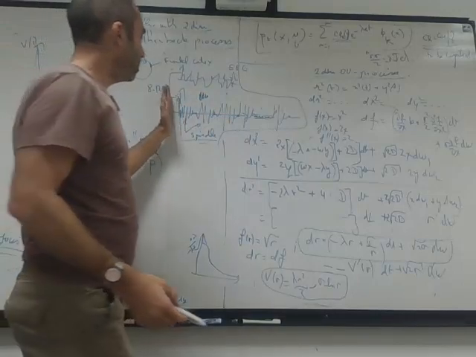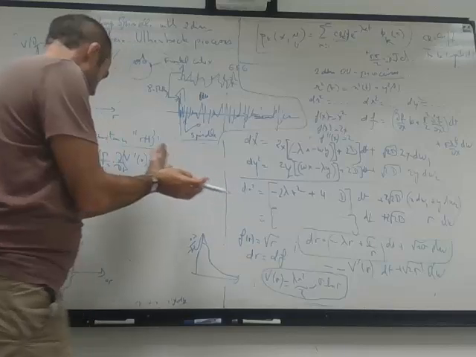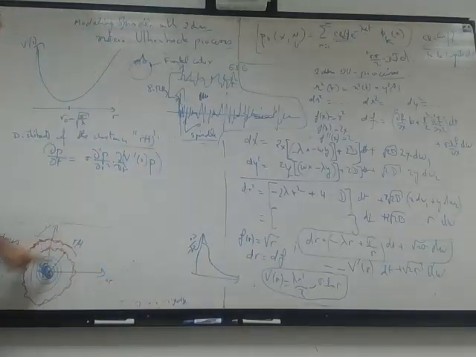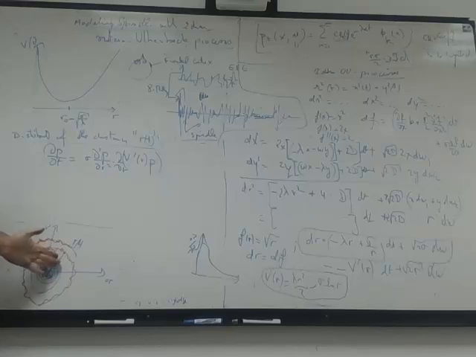This is the distribution of your process. I'm now in dimension 2, and I'm interested in R, in the distances. So if I take a picture, where is the process?